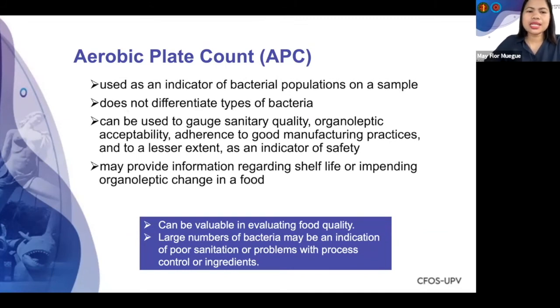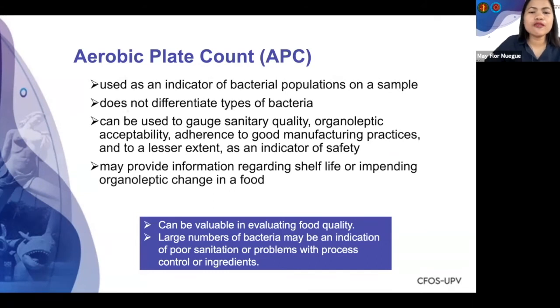Okay, we'll discuss APC. So APC stands for aerobic plate count, and this is used as an indicator of bacterial population on a sample. So pwedeng yung microbial limit mo will have an APC of 1 times 10 raised to negative 5. Ganon yung limit, no, for an APC.